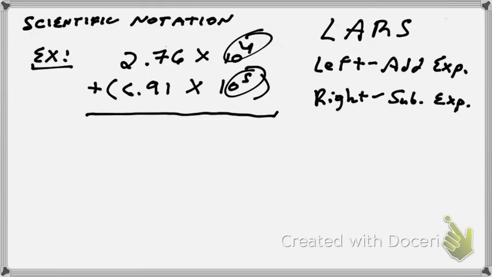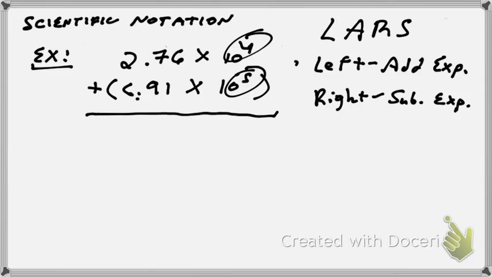So here's the issue. We need to make these numbers the same. Is 10 to the fifth greater than 10 to the fourth? Yes, it is. So now what we need to do is move this to the fourth. So we're going to move it to the right.